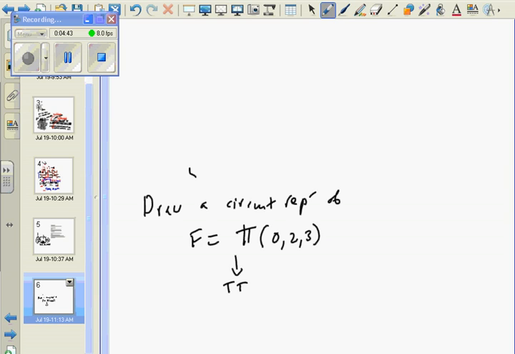Draw a circuit representation, I'll say in SOP, of this. Okay, if I wanted an SOP, I know this is in a POS form. So I would first bring this into a truth table, figure out what my SOP form is, and then draw the circuit.